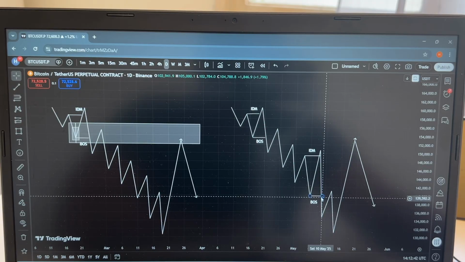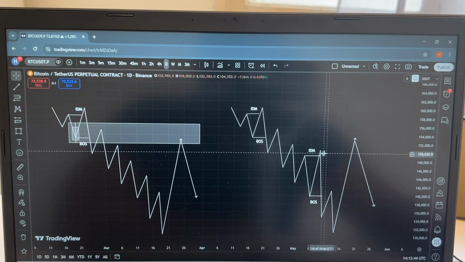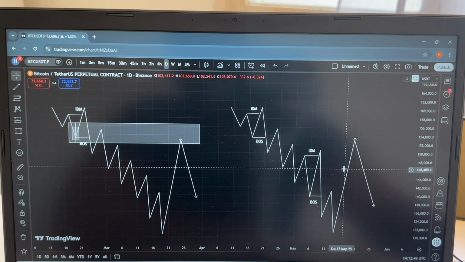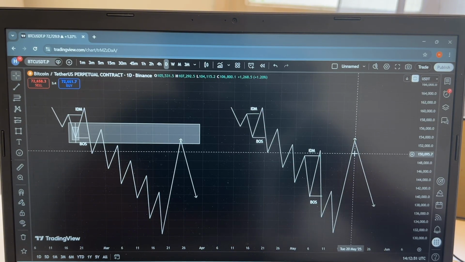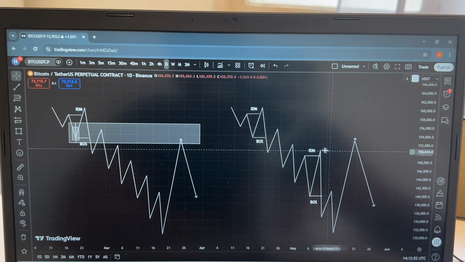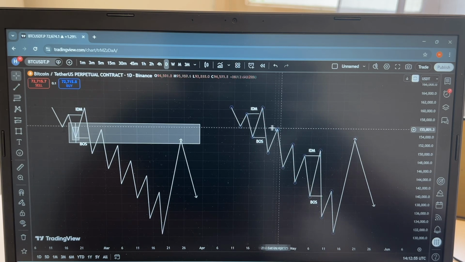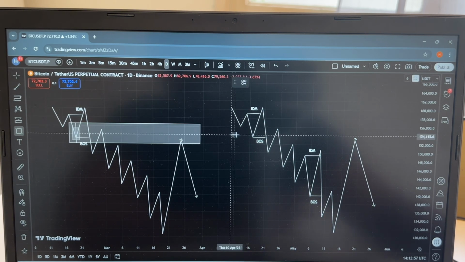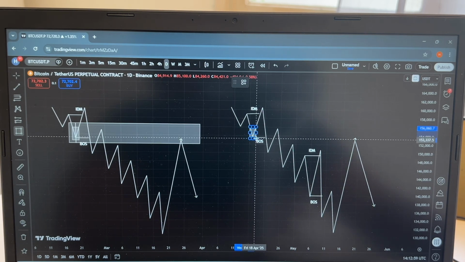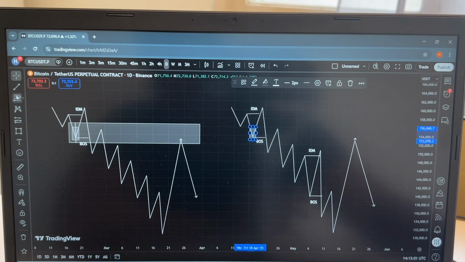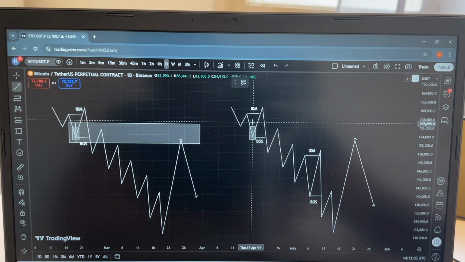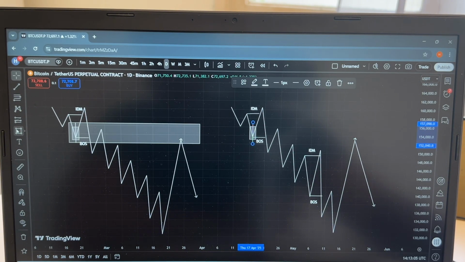So what they do is put the entry levels over here, stop losses slightly above it, and for the market to hunt all those stop losses, it just goes straight to the breaker block, which is in this untouched confirmed BOS's swing low. Okay, so there you go.